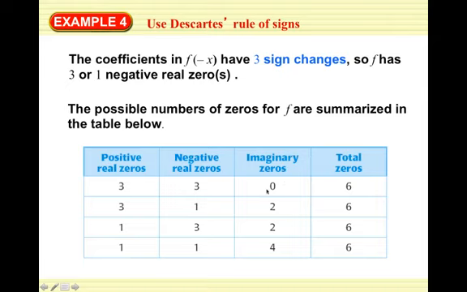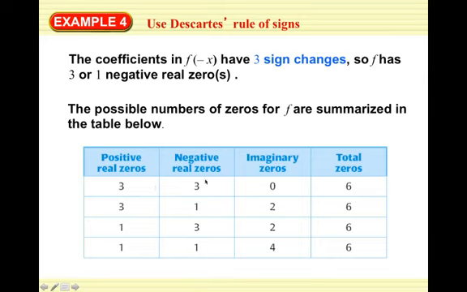Okay. Now you match up the biggest possibility for positives, so 3, with the next possibility for negatives, so 1. 3 plus 1 is 4. Well, we need to get up to 6, so that means we must have 2 imaginaries, if this is the case. Okay, we've matched up each possibility for negative real zeros with the largest for positive.